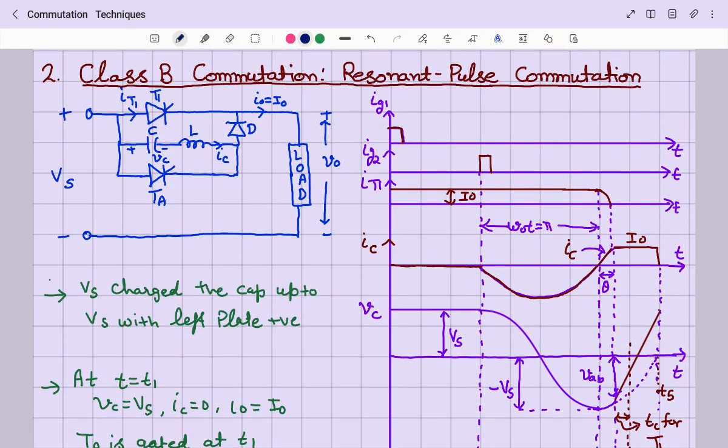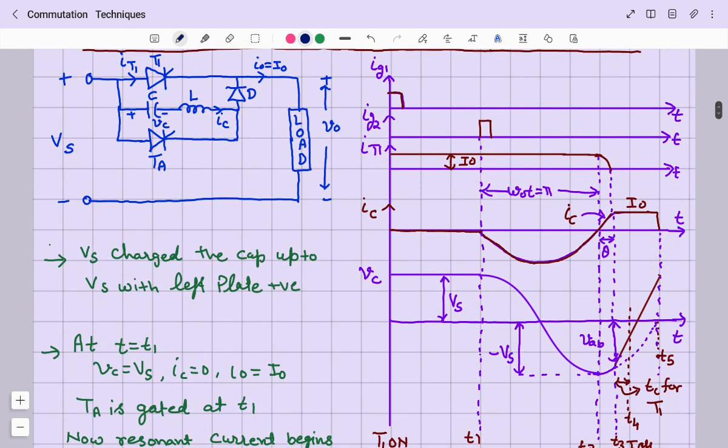At instant T1 we trigger thyristor TA. The moment we trigger thyristor TA, as the capacitor's left hand side plate is positive and right hand side plate is negative, a resonant current is established through capacitor C, thyristor TA, and coming back through the inductor, then capacitor C. So you can see here this IC current is flowing for the duration of pi, right?